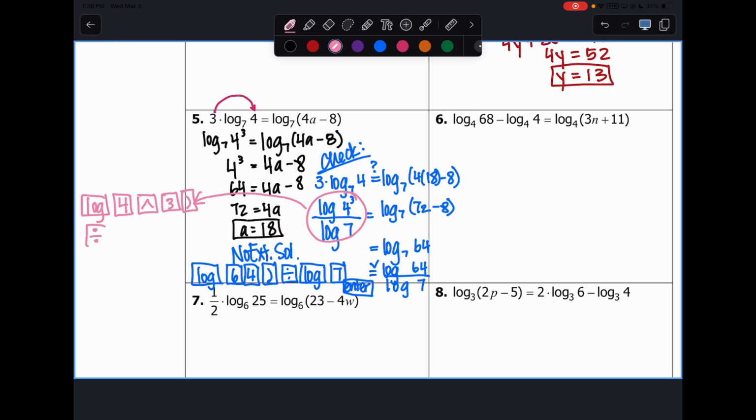Then divide by log of 7, then hit enter. And the pink pathway's answer should be the same as the blue pathway. Try it. Make sure you try it.